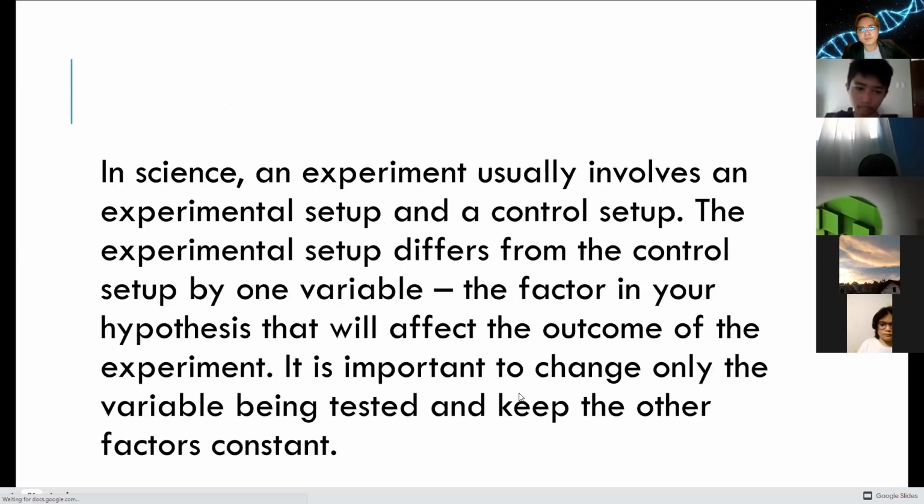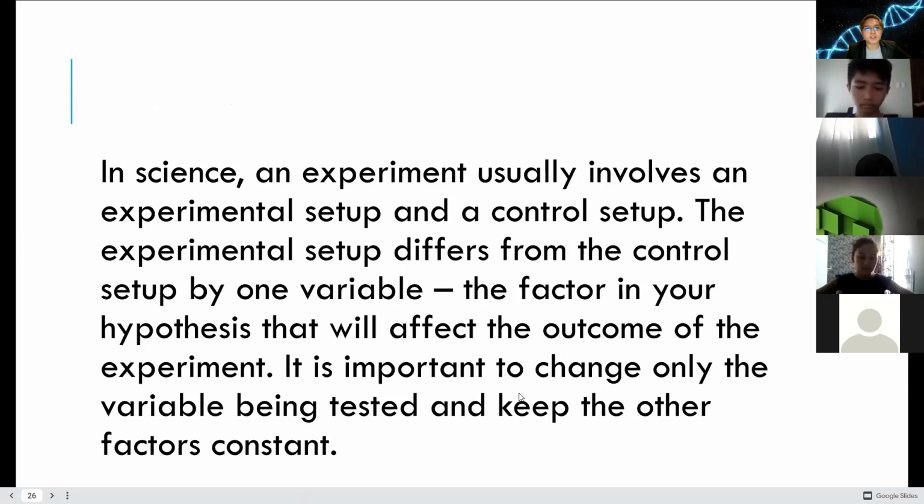In science, an experiment usually involves an experimental setup and a control setup. The experimental setup differs from the control setup by one variable, the factor in the hypothesis that will affect the outcome of the experiment. That's one variable. What do you think is that variable? Let's find out later.